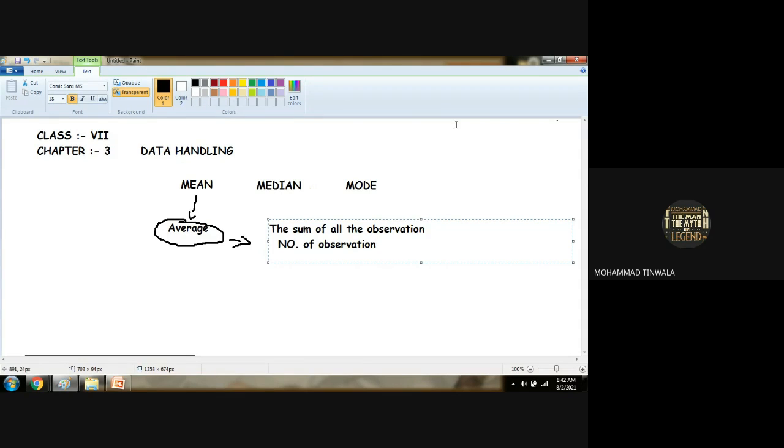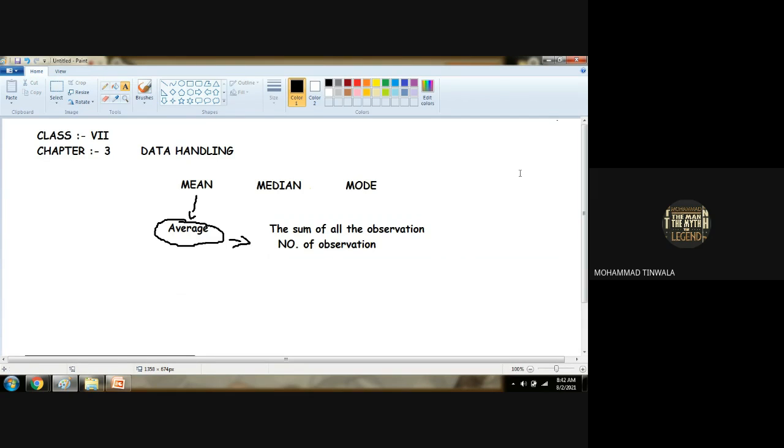What is the formula to find the mean? The sum of all the observations upon the number of observations. Have you all understood this statement? Boys, are you all getting this statement?